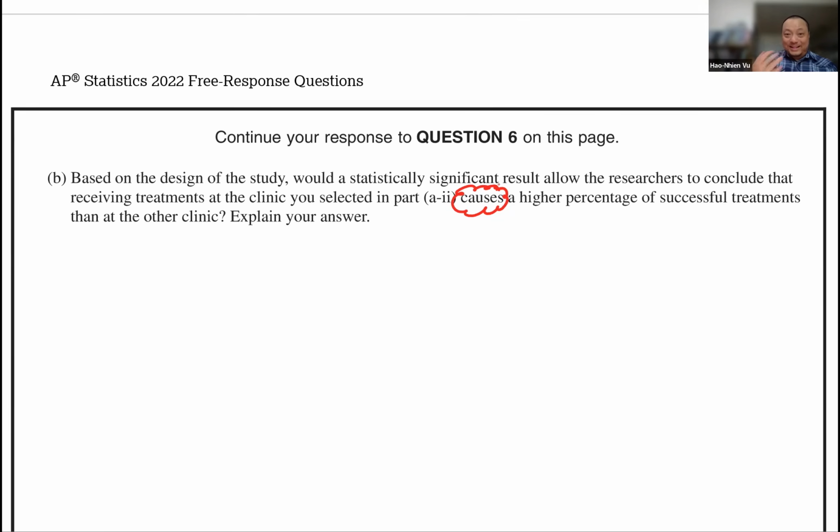So when they say causes, you have to trigger in your mind that to actually say causation, we need something special. Well, let's see if this is the kind of study that would allow us to have causation.